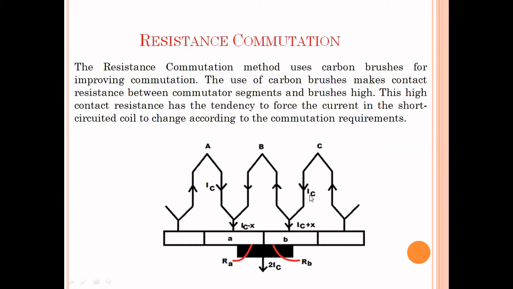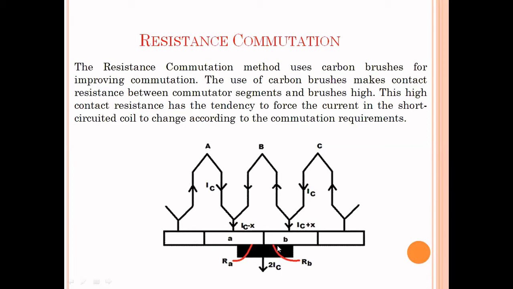So here the current IC, instead of taking the short circuit path, directly passes mostly through this path, and only a small amount of current passes through the short circuit coil. But we require the complete reversal of the current, and for that we require the maximum current through coil B and minimum current through coil C. So here the copper brushes are replaced by carbon brushes.